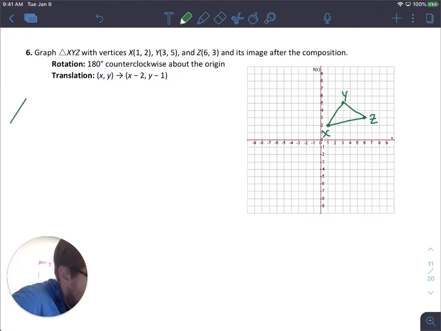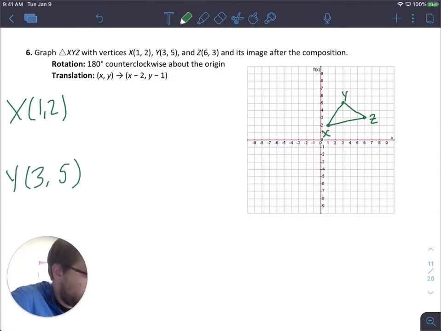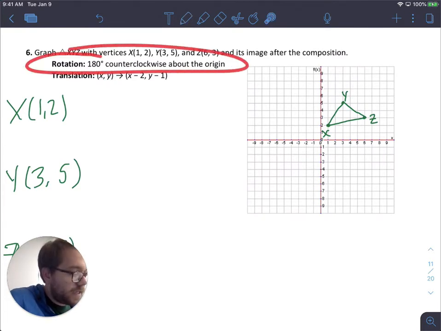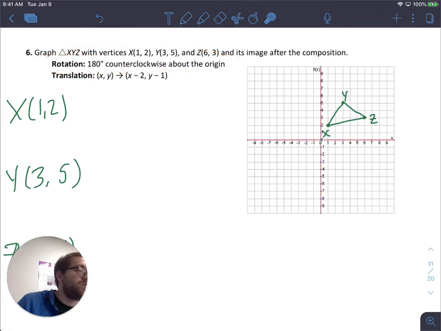So we have X at 1, 2, Y at 3, 5, and Z at 6, 3. If you don't remember the rule, which you're not expected to, we're just learning it now, so make sure you have those rules in front of you.